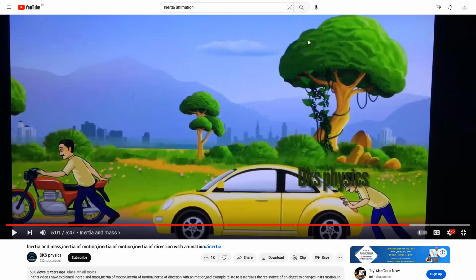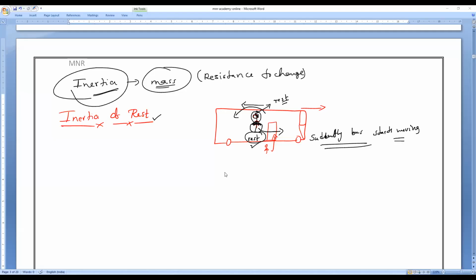So let us go and write. You can see that. First thing, inertia of rest. Write it. Example. Actually, there is one video I am missing, even the voice is very clear and the animation is very nice. So inertia of rest, right? It is the reluctance of a body.